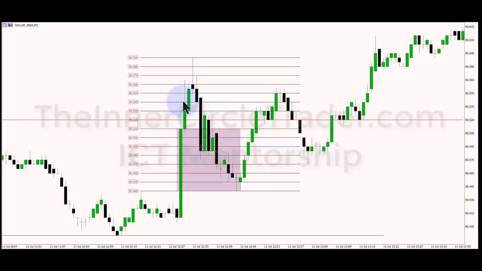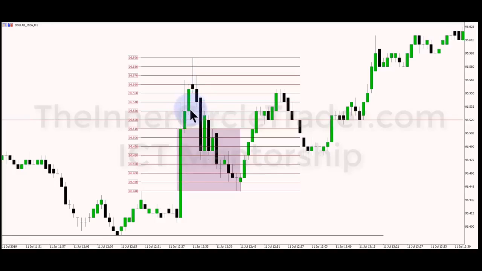At one point, it had traded all the way up to 96.54. The next candle, we opened down at 96.51, traded down to 96.50 and a half, and then closed after making a high almost at 96.57 here. We traded to 96.56 and a half, but closed at 96.54. I'm sorry, 96.53.